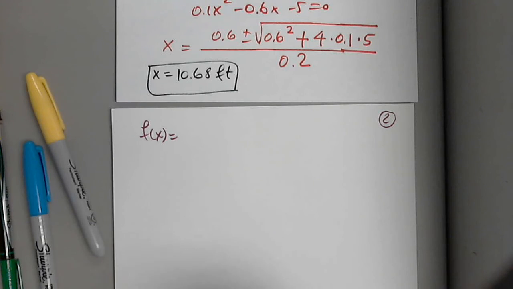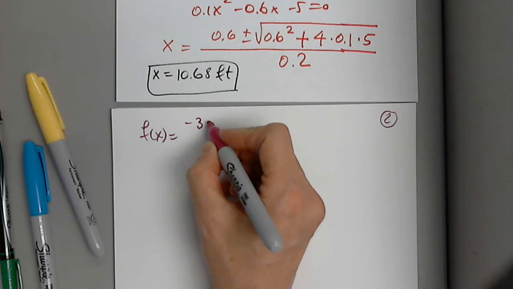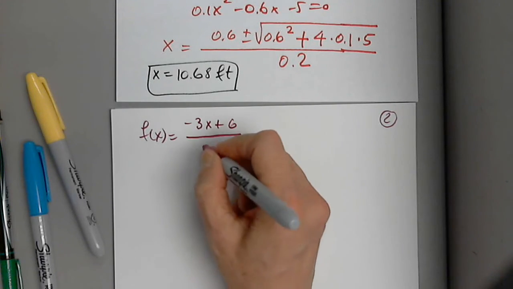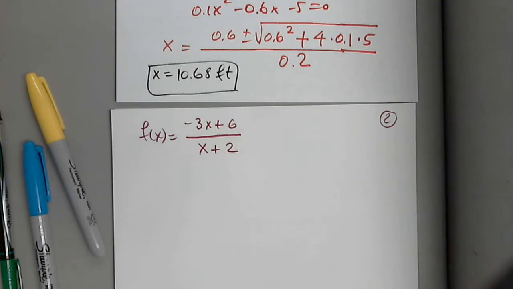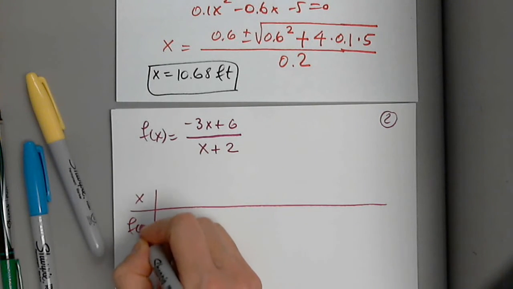Type 1. Let's say -3x plus 6 divided by x plus 2. Is this type 1 or type 2? Type 1, because it has the same degree on top and bottom. Perfect. So let's get our table going.